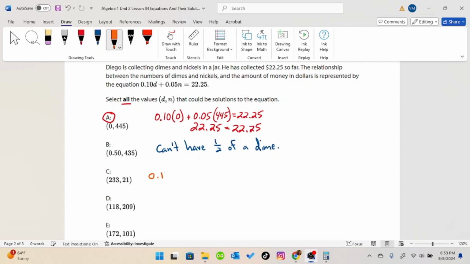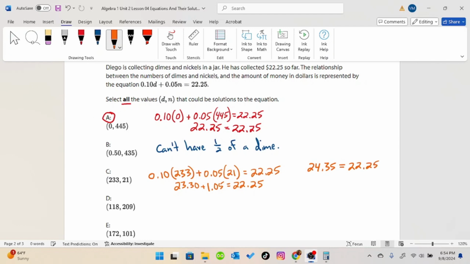So we would say 0.10 times 233 plus 0.05 times 21, and that would need to equal $22.25. 0.10 times 233 is going to be $23.30. 5 cents times 21 nickels would be $1.05. $23.30 plus $1.05 would be $24.35.